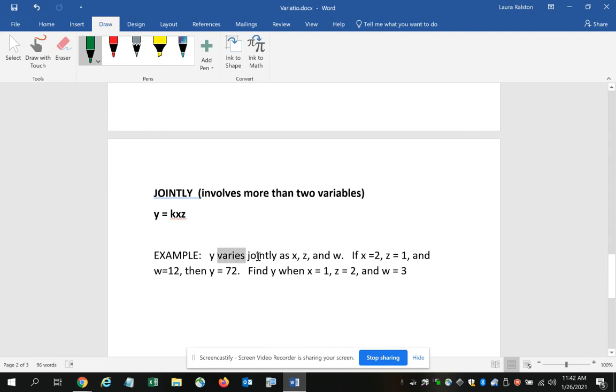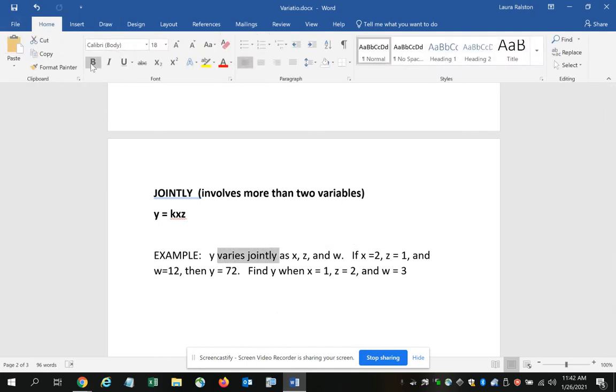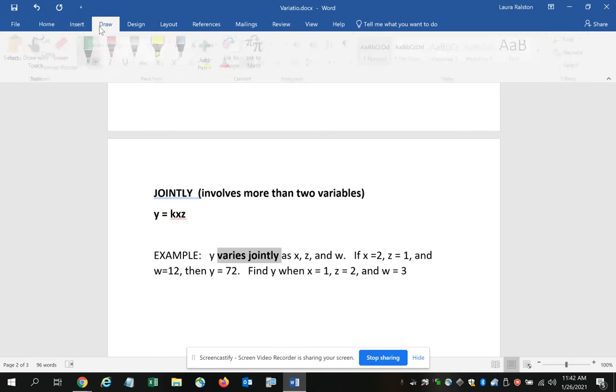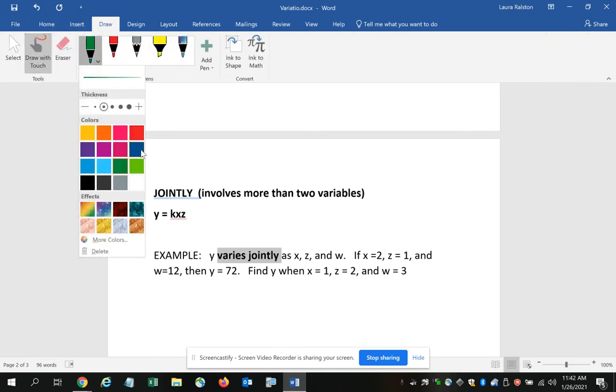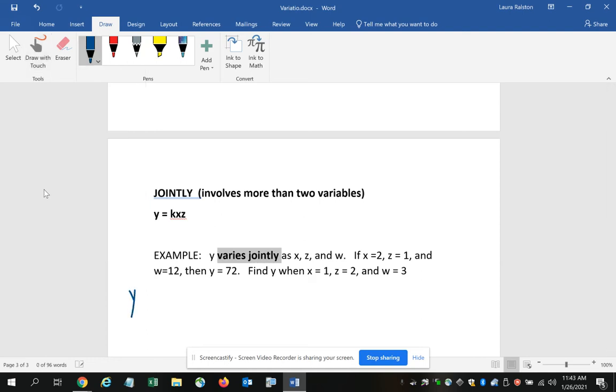But again, one of our benefits is that it does clearly tell us in the problem that it varies jointly, and it gives you what it varies jointly with. Translating from words to symbols, we would have y varies jointly, times our constant k, as x, z, and w. So we have x times z times w. I have a total of 4 variables because you have x, z, w, and then y.